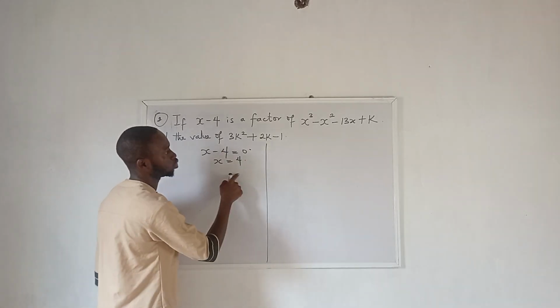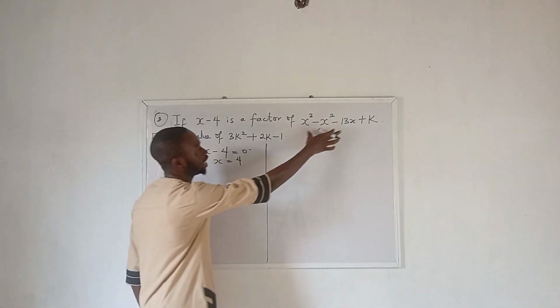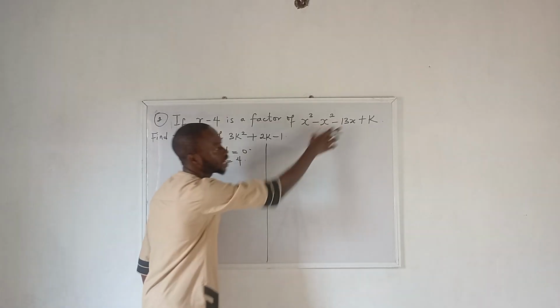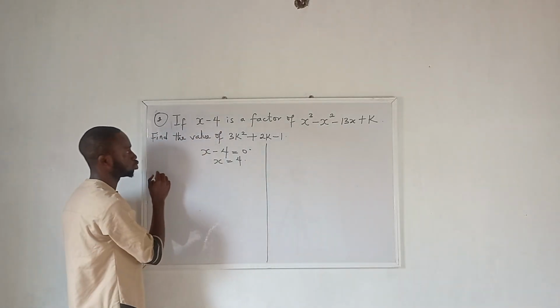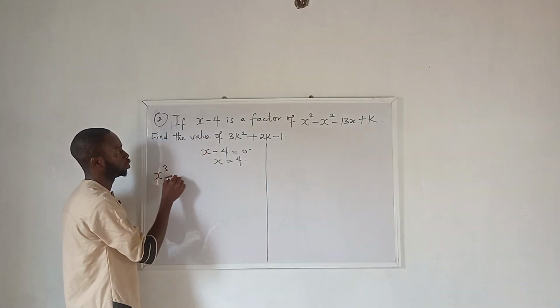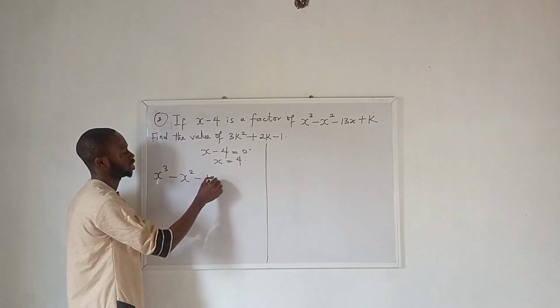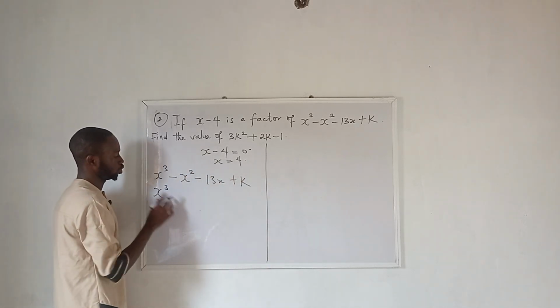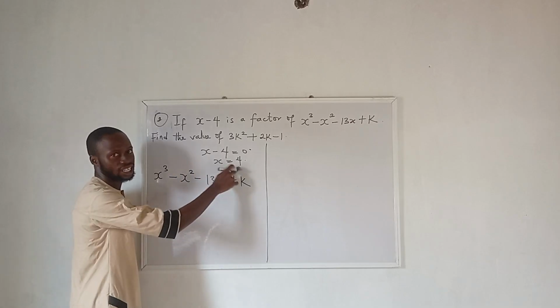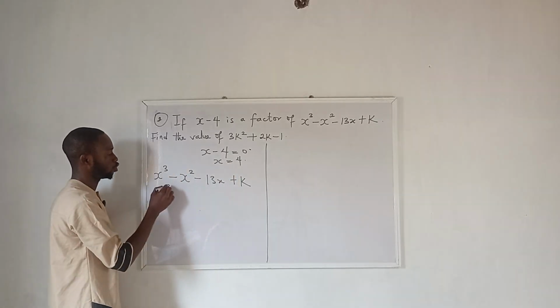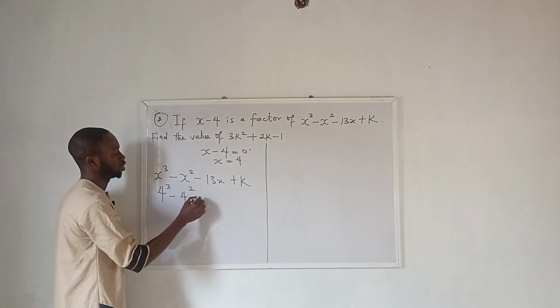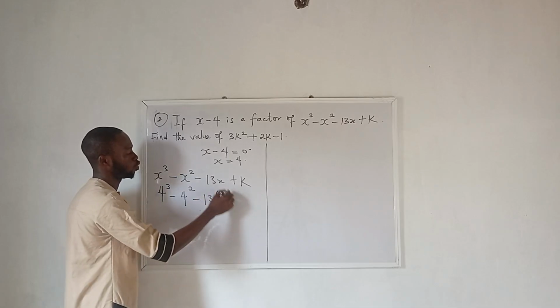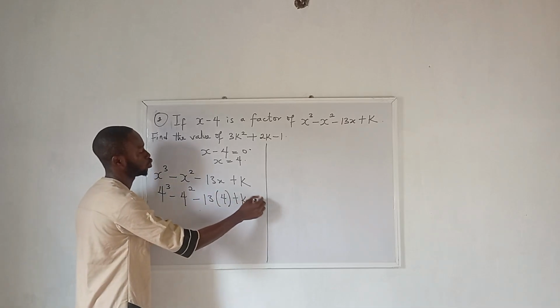Then since I have x equals 4, I would input 4 inside this and also equate it to 0. So what I would have is x cubed minus x squared minus 13x plus k. Whatever I see x, I'll input 4. So I have 4 cubed minus 4 squared minus 13 times 4 plus k. I'm equating it to 0.